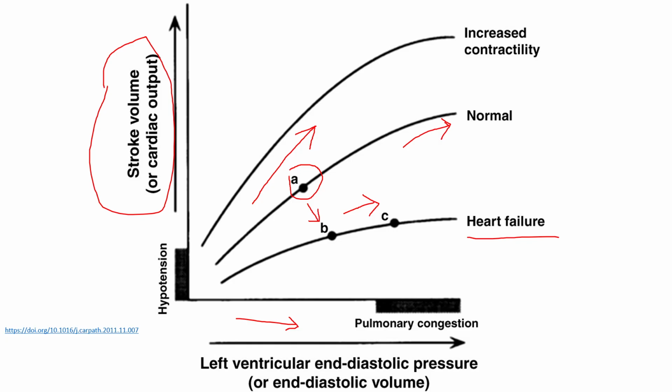Eventually, this curve becomes flat and even downwards as the heart muscle decompensates and the compensatory mechanisms are exhausted. At this point, increasing left ventricular end diastolic volume and therefore increasing left ventricular end diastolic pressure will lead to pulmonary congestion with a depressed cardiac output.